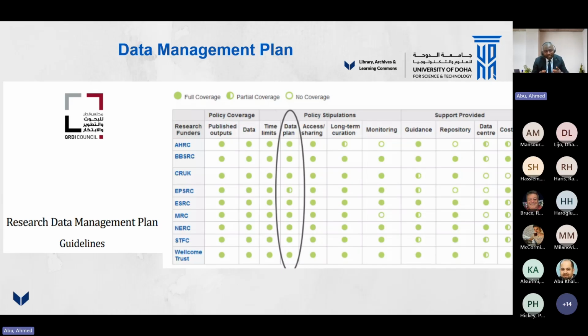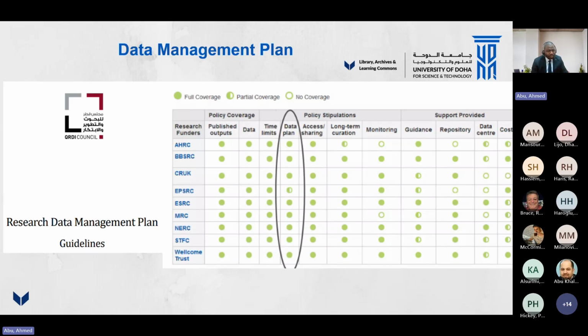But for research data management plan, it's full coverage, which makes it a very mandatory requirement for you writing a grant, or for you assessing a grant. It's mandatory for you to have a very clear path on how you intend to declare your data or how you intend to share your data.